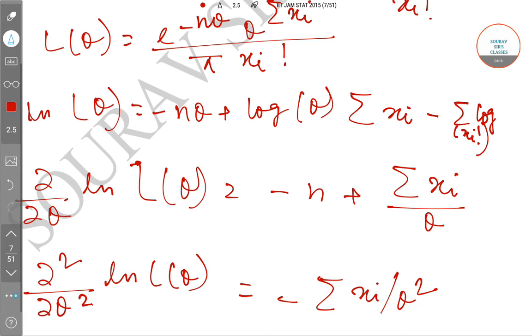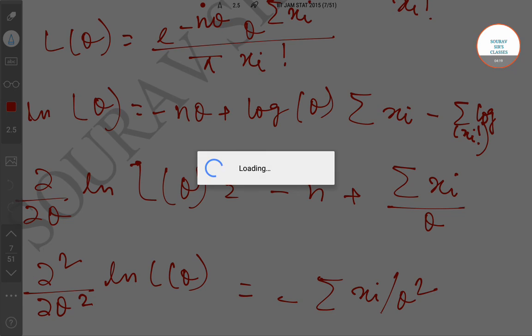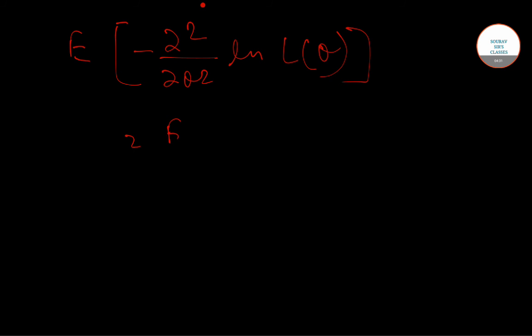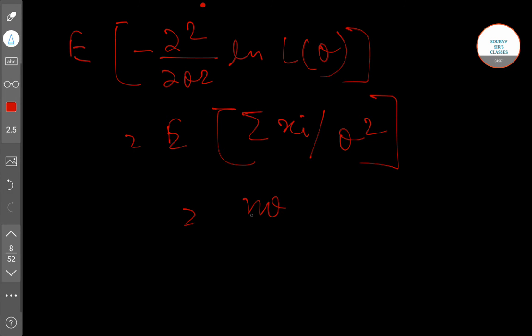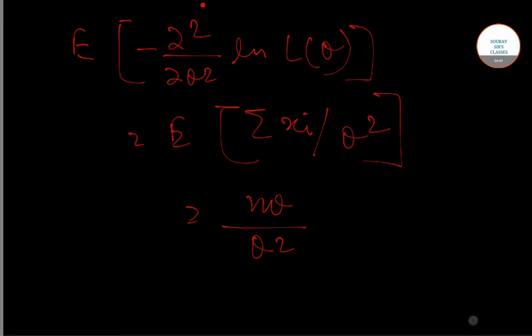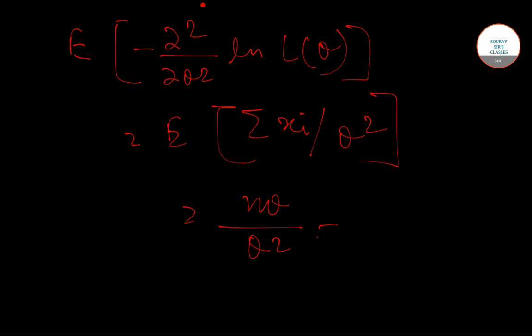Let me add a page. So expectation of minus del 2 del theta 2 ln L theta is equal to expectation of summation of xi by theta square, that gives us n theta by theta square, which is equal to n by theta.